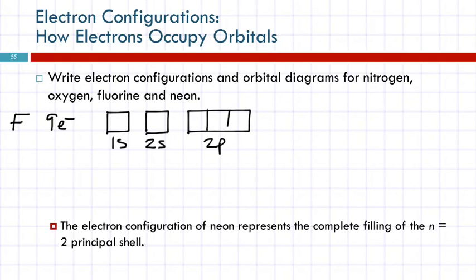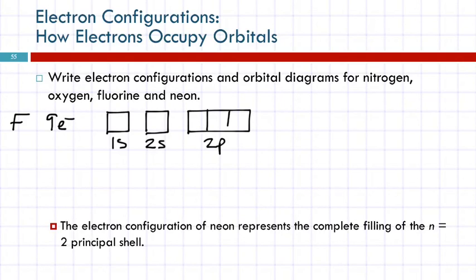And we can tell by looking at the periodic table, fluorine being close to the end of the second period, that we don't have to draw boxes for 3 or 4 or anything higher than 2. Because that is the end of the second floor of the hotel.